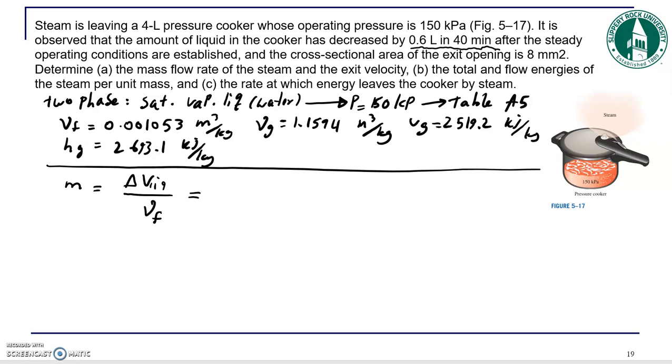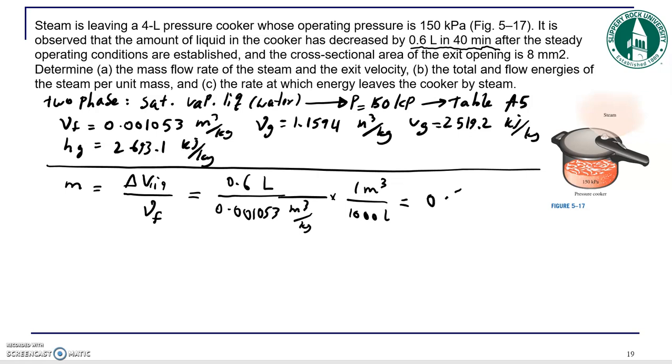Because the specific volume is in cubic meter per kilogram, and this is in cubic meter, the result is kilogram, right? So we have 0.6 liter that has left our system. The specific volume of liquid is 0.001053 cubic meter per kilogram, and we need to convert liter to cubic meter. The result is 0.57 kilograms.